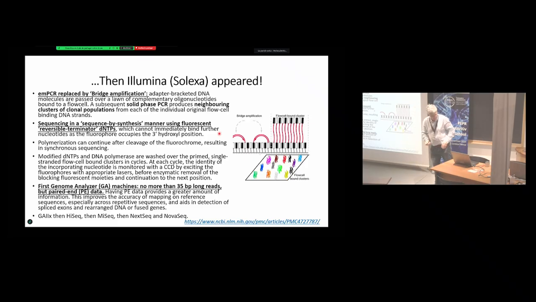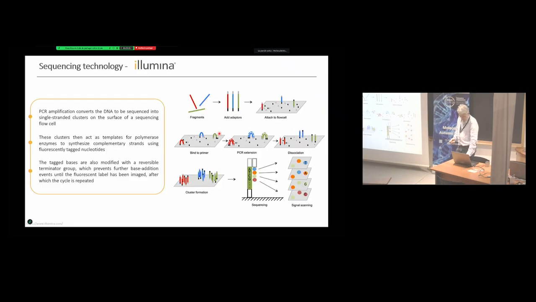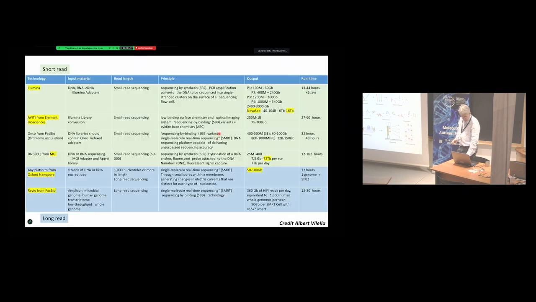And so rapidly the throughput was improved, and they are now able to generate, well, I'm not even sure that it is not even more, but with the largest NovaSeq, you are probably over 16 to 20 terabytes per run, which can be generated in less than 2 days.